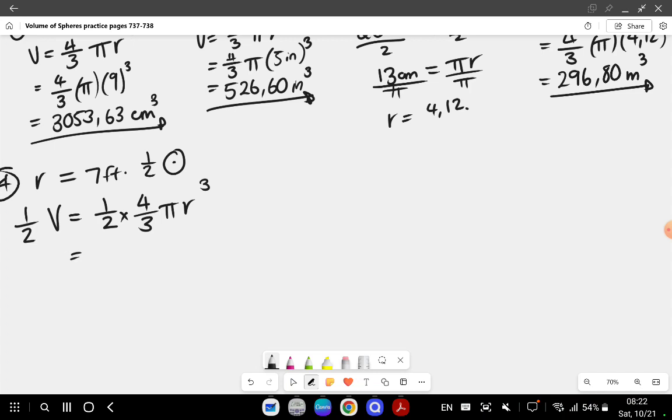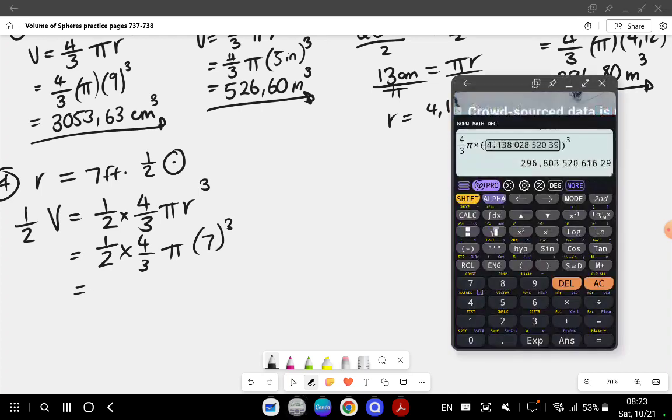Let's keep it the way that it is, just in this question. And then my r is 7, and I cube that.